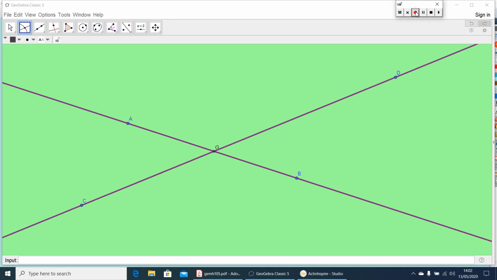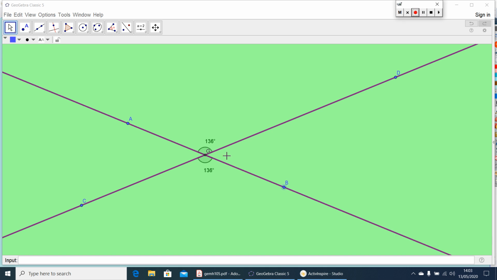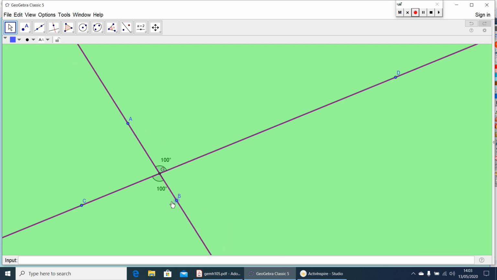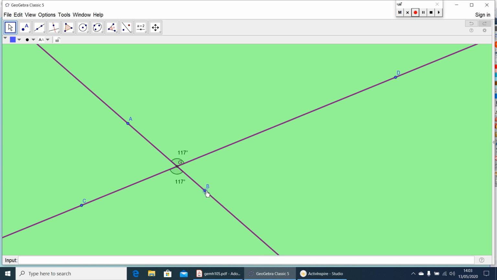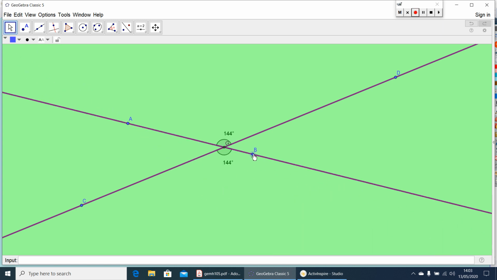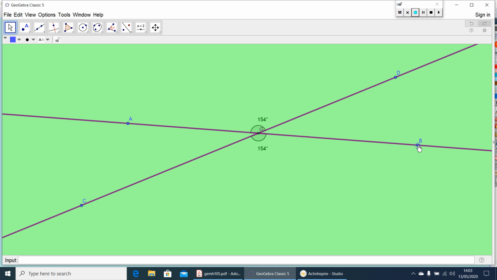Now go back to vertically opposite angles. Let me measure them. Here you can see angle DGA is equal to 136 and angle BGC is also 136. Now if you change the angle, in all the cases you can see vertically opposite angles are equal.